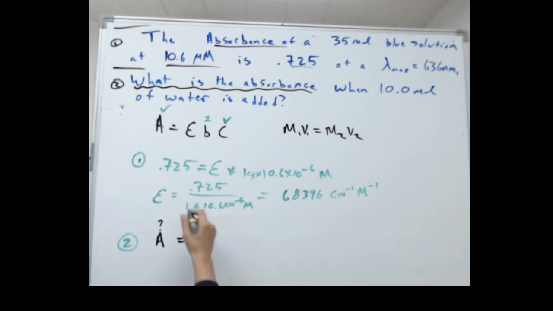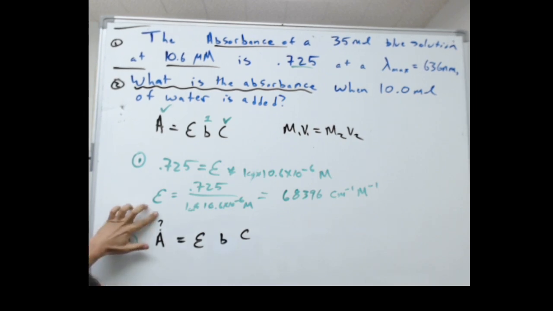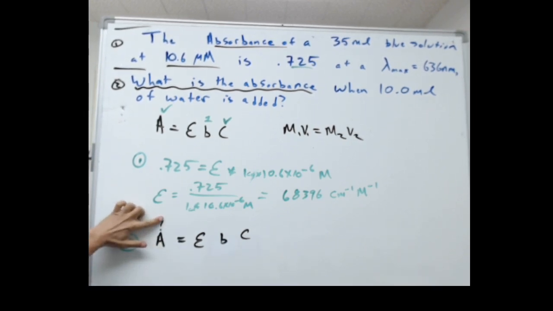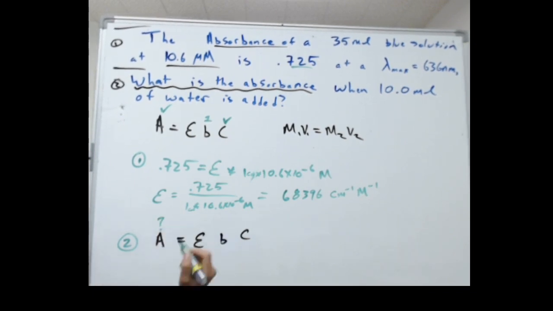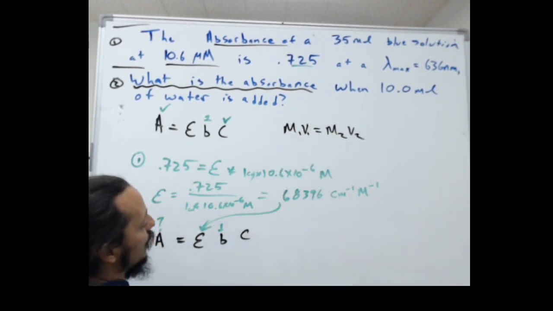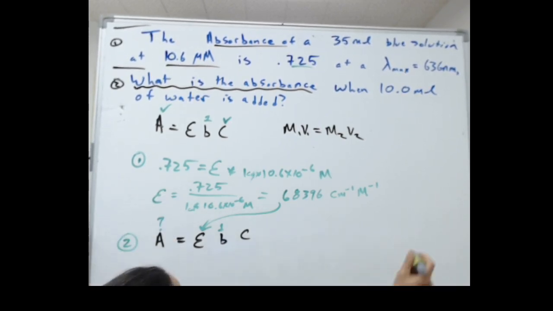I know the epsilon from above. I know the path length, and I can calculate the concentration. So I want to figure out the absorbance. That's the thing we're looking for. I know the epsilon, that's just that right there. I know the path length is going to be 1, and I can calculate the concentration from this M1V1 calculation. So let's go ahead and do that.